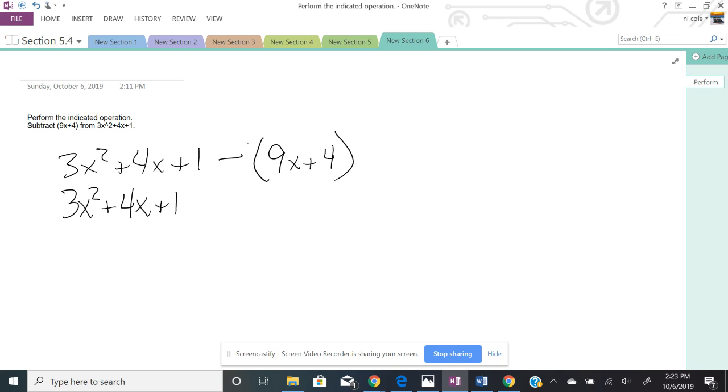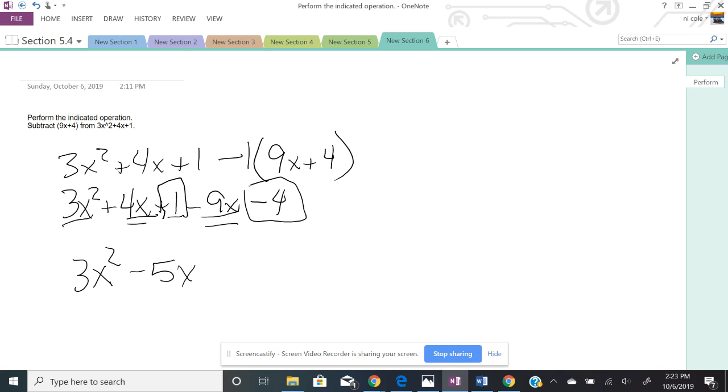And now I need to distribute, so that's minus 9x minus 4. Combine like terms. This is my only x squared, so it's 3x squared. Then I have 4x minus 9x, which is a minus 5x. And then I have positive 1 minus 4, so that gives me minus 3.